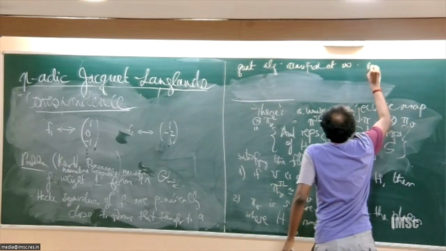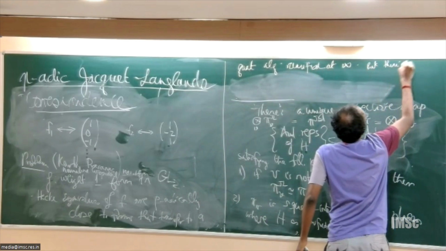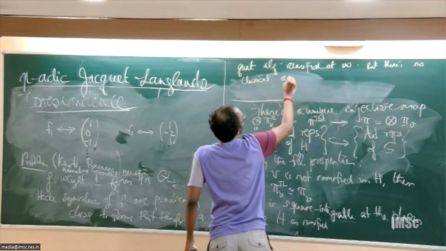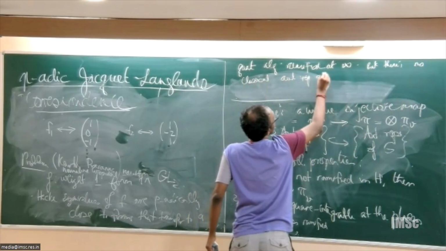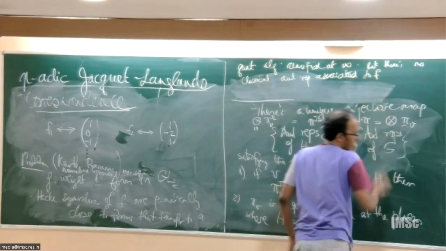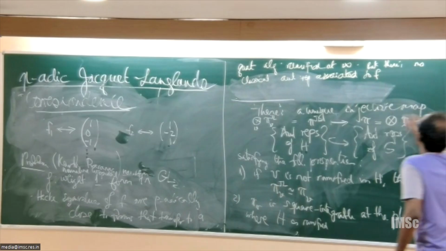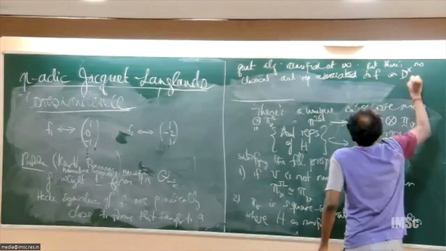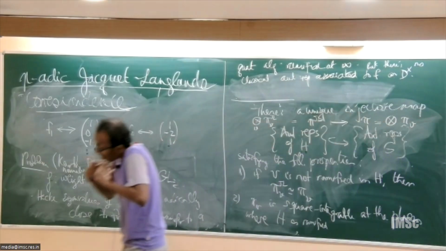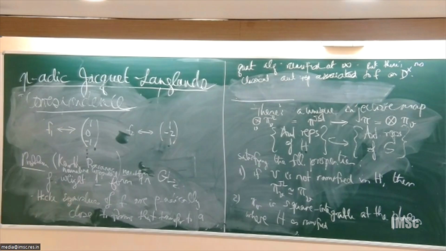But there is no classical automorphic representation associated to f on D cross. Now, this is not a contradiction in mathematics because the automorphic representations are complex representations, whereas I'm taking p-adic limits.